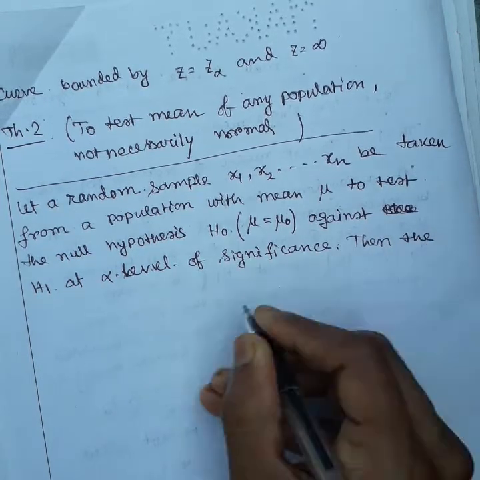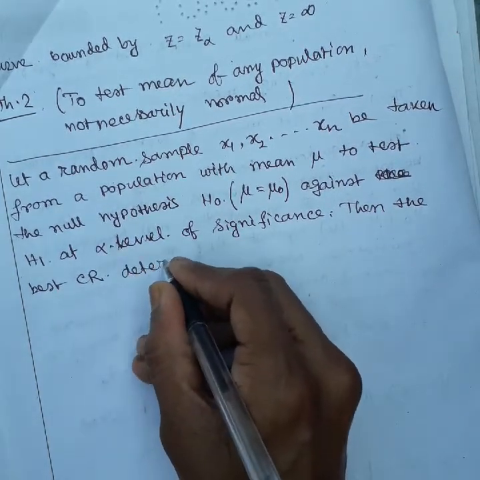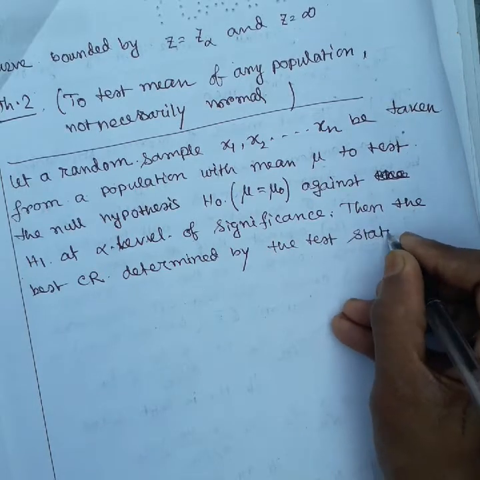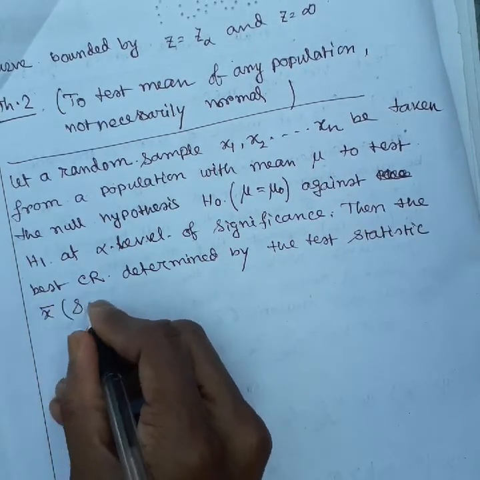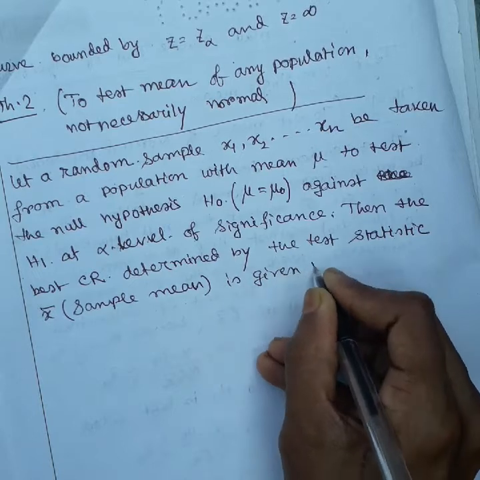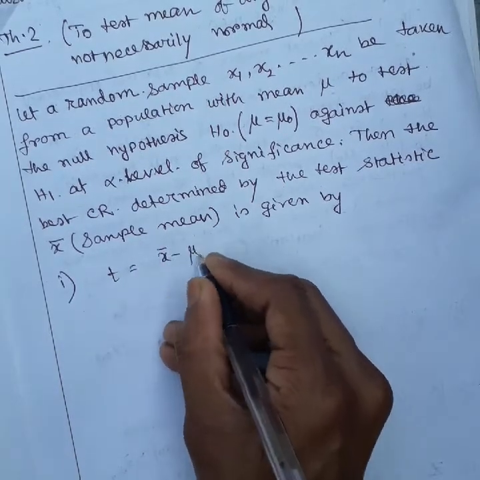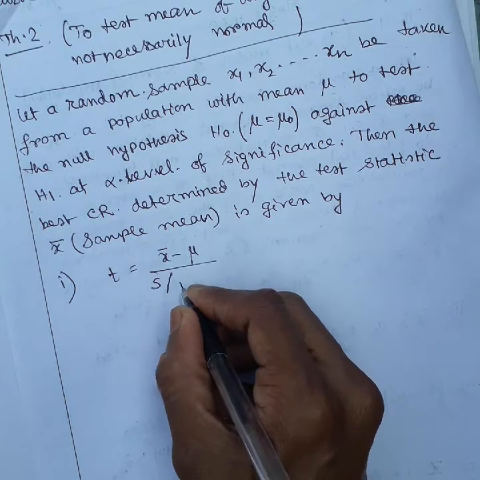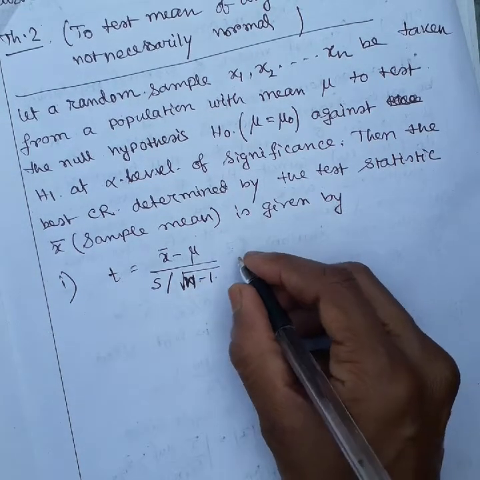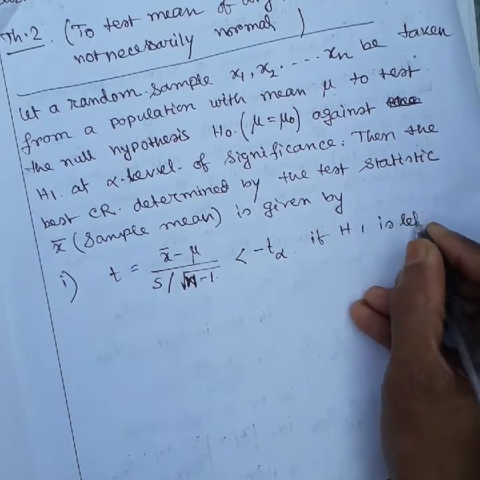Then the best critical region, determined by the test statistic x bar, which is the sample mean, is given by t equal to (x bar minus mu) by (s by root of n minus 1), which is less than minus t alpha if H1 is left sided.